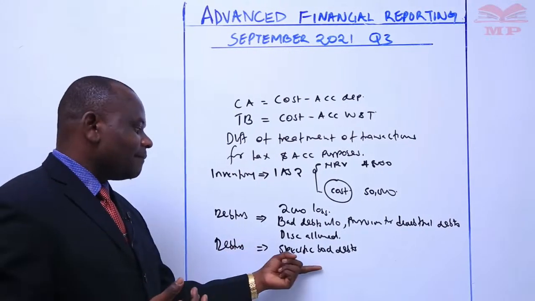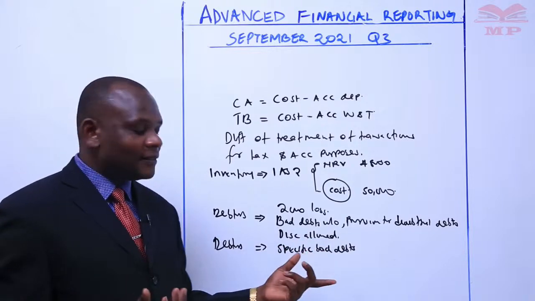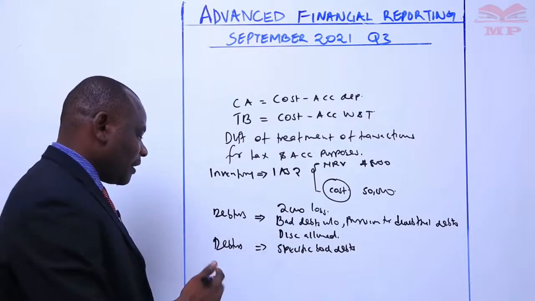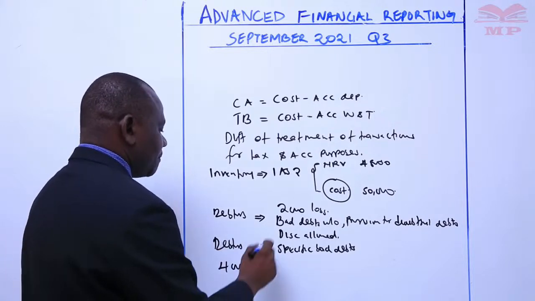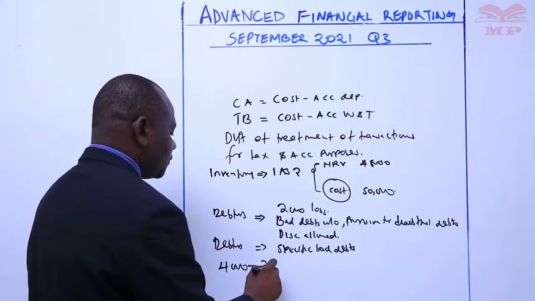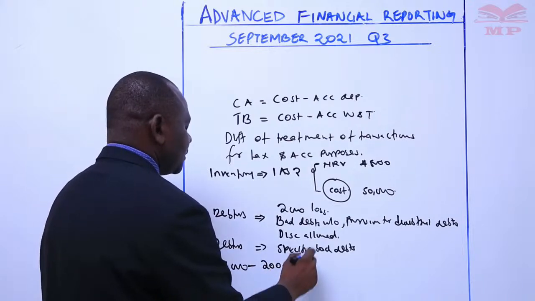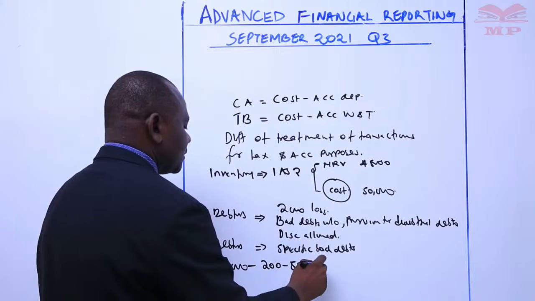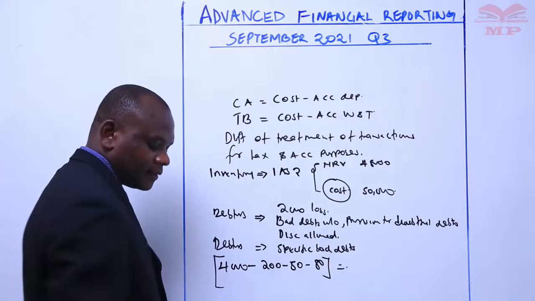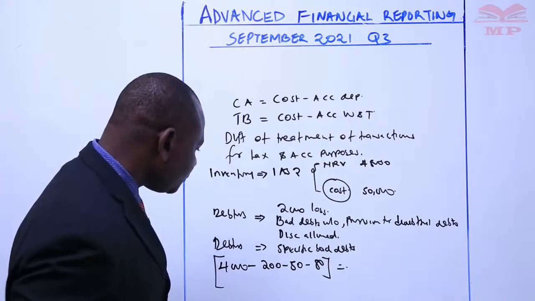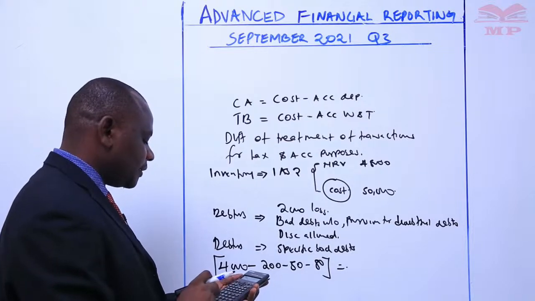And that means that in the event that there is no specific bad debts, then if we had debtors worth 4,000, bad debts of 200, provision of maybe 50, discount allowed of maybe 80, the accountant will report the debtors to be, that is 330, so 4,000 minus 330.